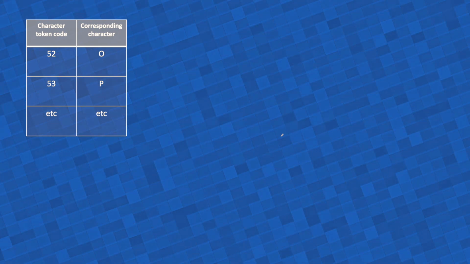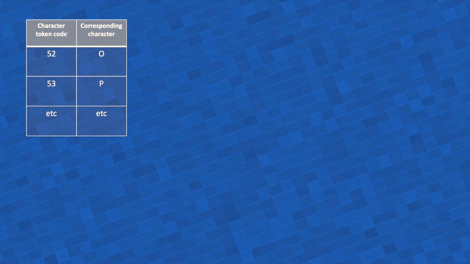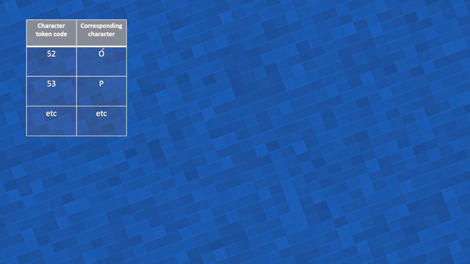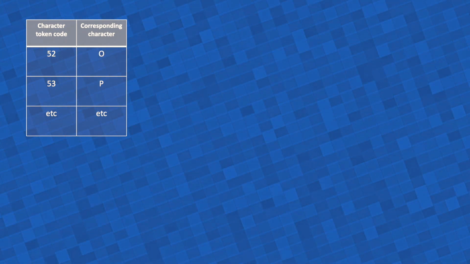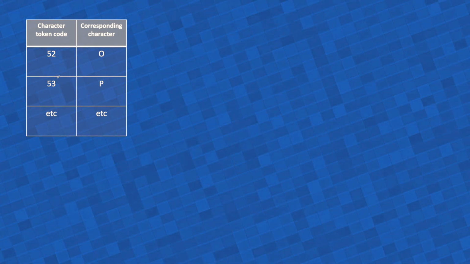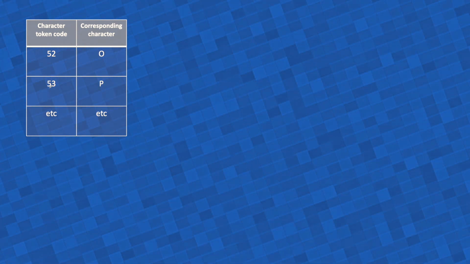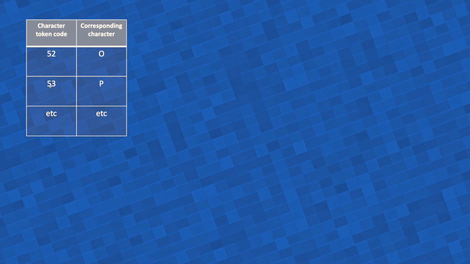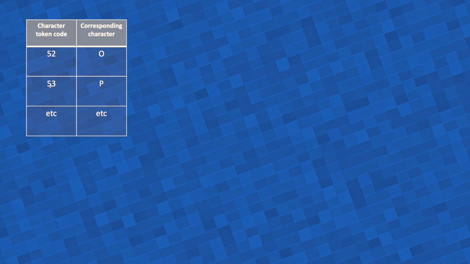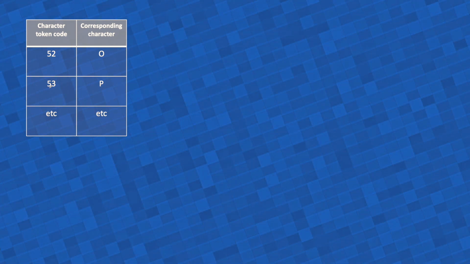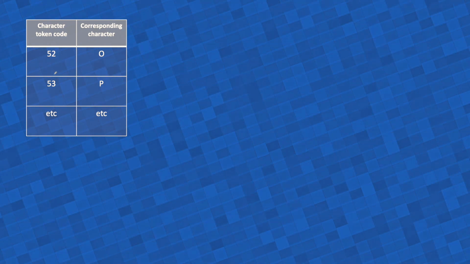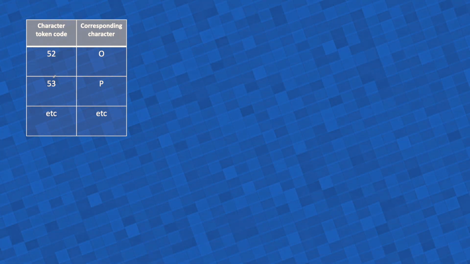The character tokens, their respective code, are typically sequential. So for instance, the character corresponding to the letter O has a token code 52, that corresponding to the letter P has a token code 53. In the ZX81, you have token codes from 0 to 255, if I remember correctly, so we can capture them in 8 bits, and they are sequential, with a unit difference between subsequent token codes.